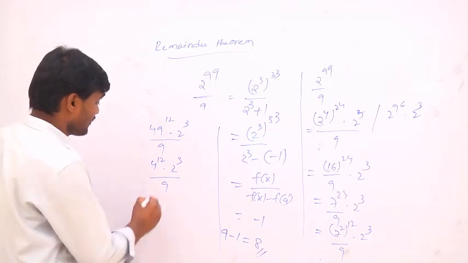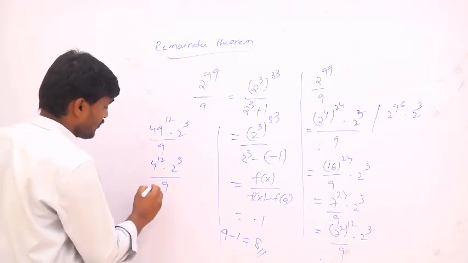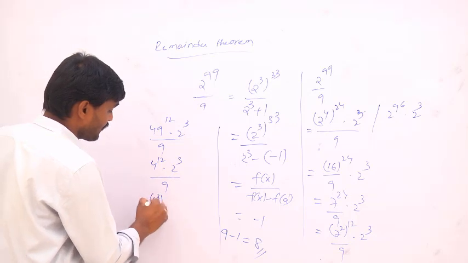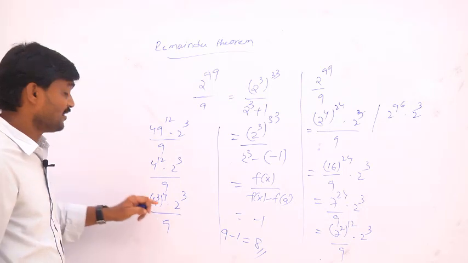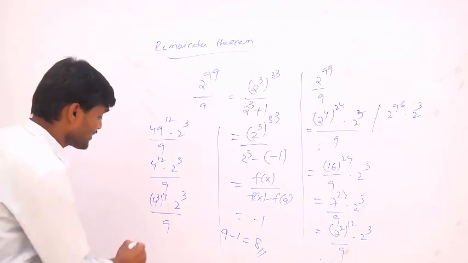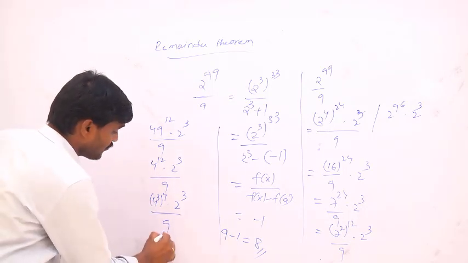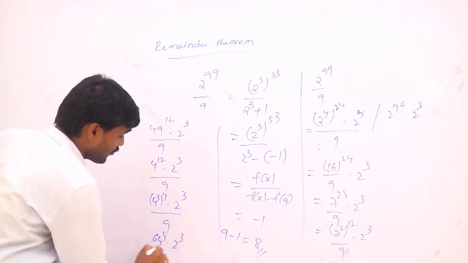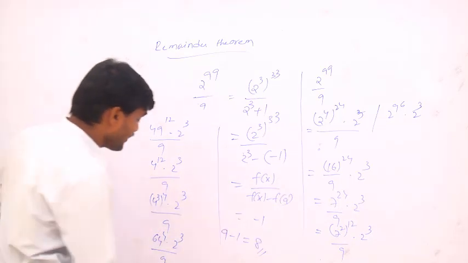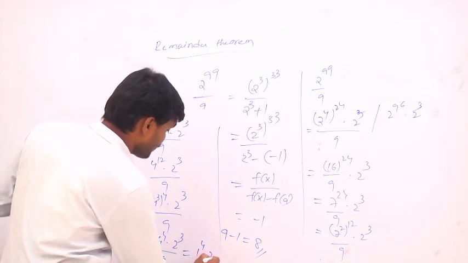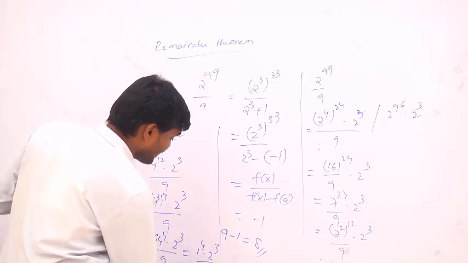This is 4 cube power 4 into 2 cube by 9. 4 cube means 64, so 64 power 4 into 2 cube by 9. 9 7s are 63, the remainder is 1. 1 power 4 into 2 cube by 9.